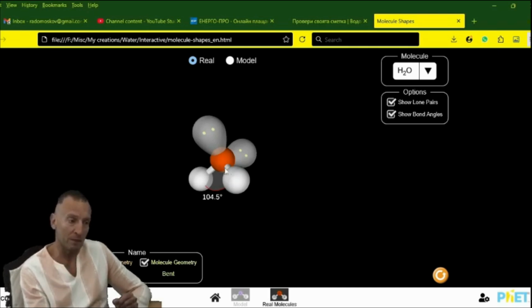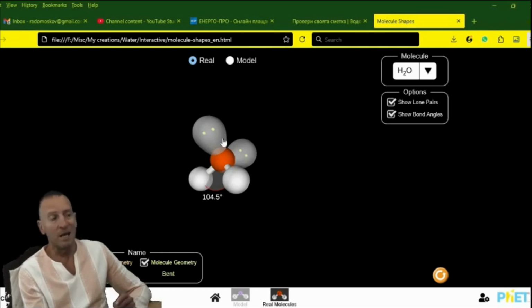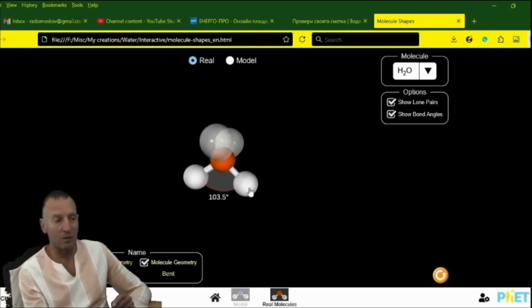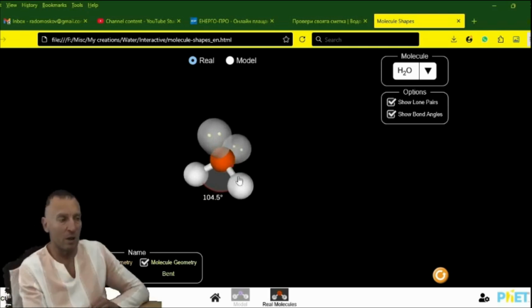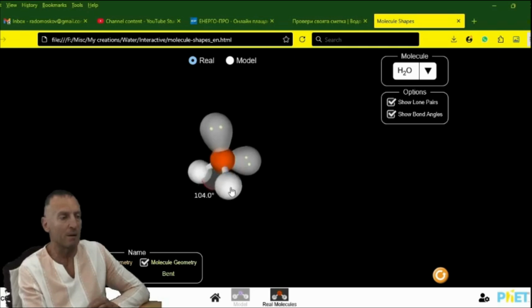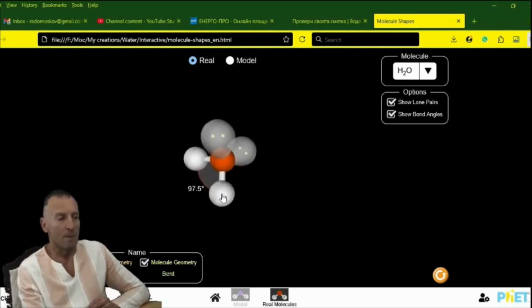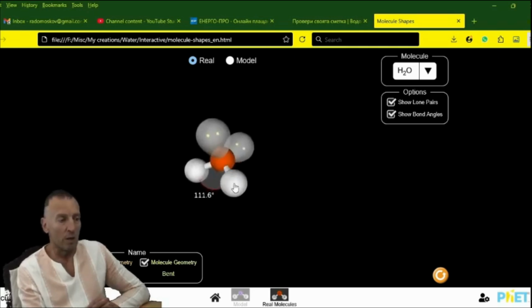So we've got pairs of electrons here, pairs of electrons, and pairs of electrons here. The electrons, as I said in the first lecture, try to stay as far as possible from each other, and this is why we've got this tetrahedral, like a pyramid structure. And because we've got these two electron clouds of the lone pairs, they push all of this molecule down.